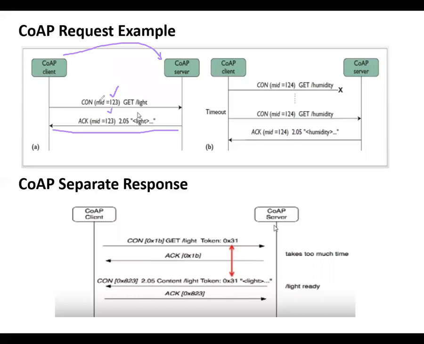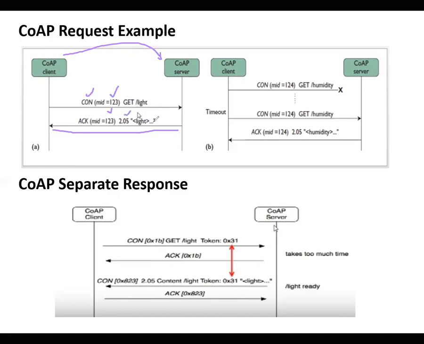So the message from the client side is of type confirmable. So the server is bound to acknowledge that once it's received. When it's received, it sends an acknowledgement message with the same message ID, and the response 2.05.